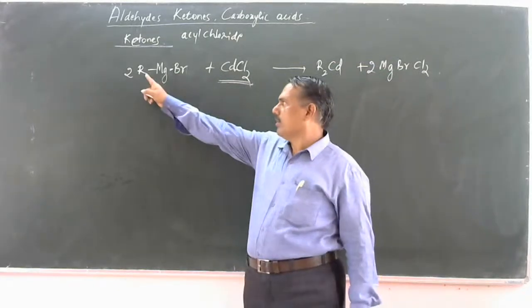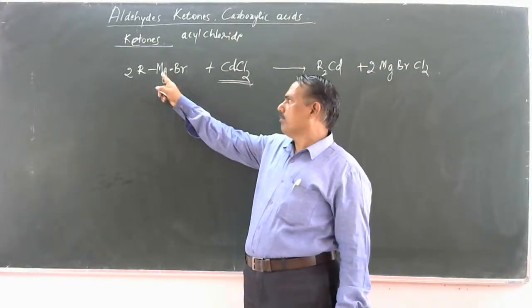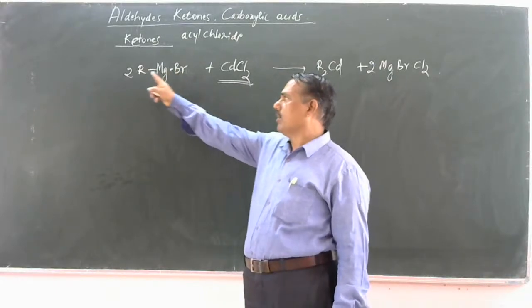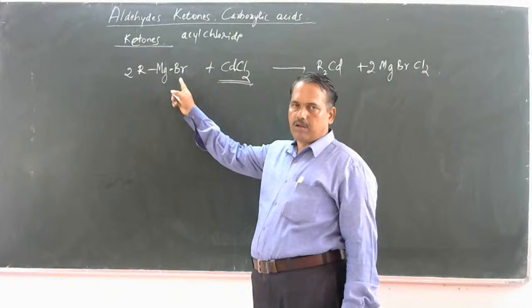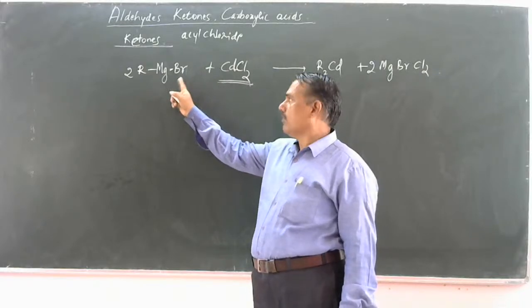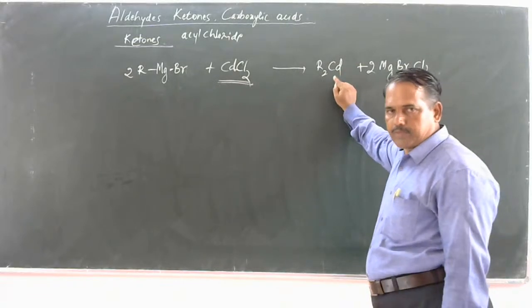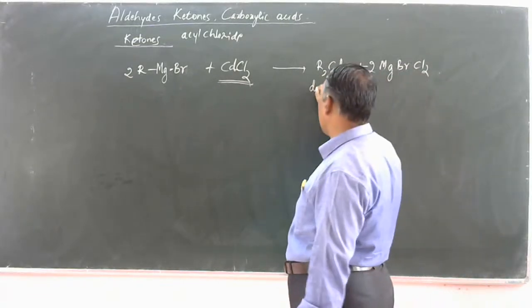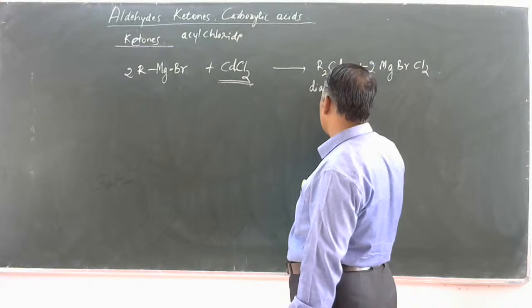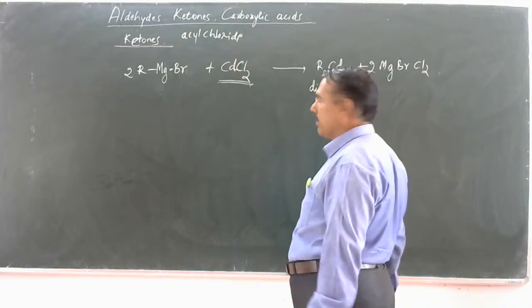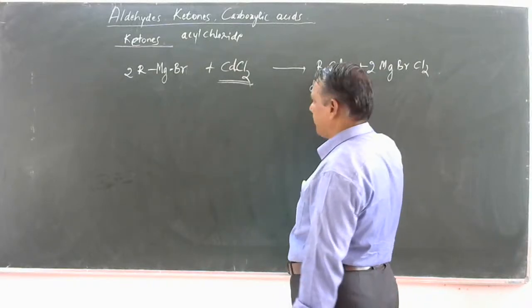It is 2 alkyl groups with Grignard reagent, RMgBr, not acyl chloride. First you have to prepare dialkyl cadmium. Are you clear? See, 2 alkyl groups are there.